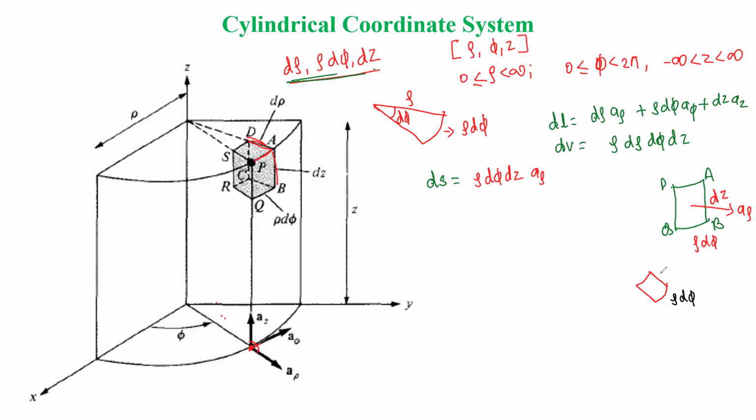And this length is what? D rho. So what will be the area vector? That will be perpendicular to this. So that is what here, what we are going to get? Az. So finally area is rho d phi d rho along the az.